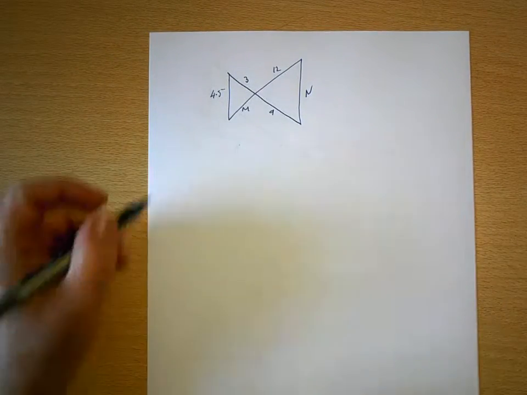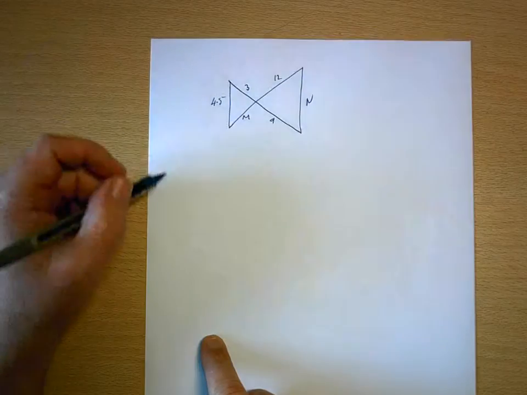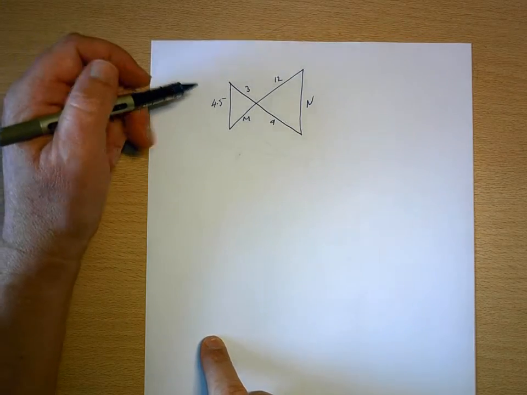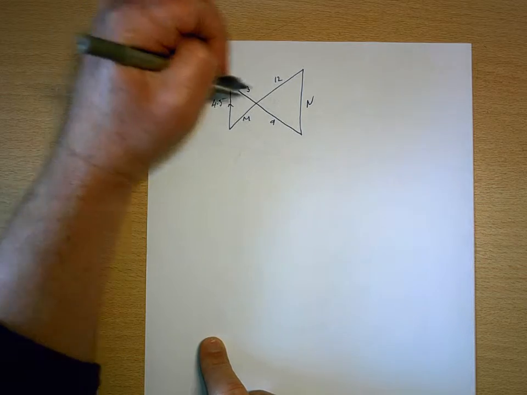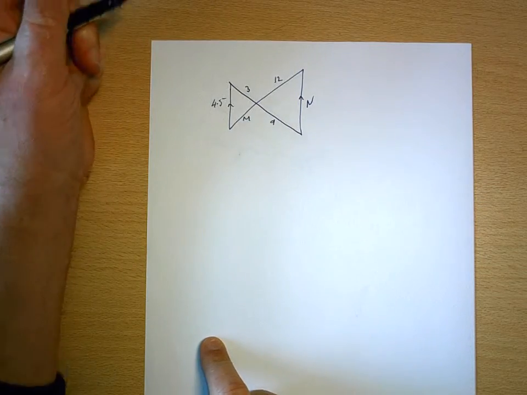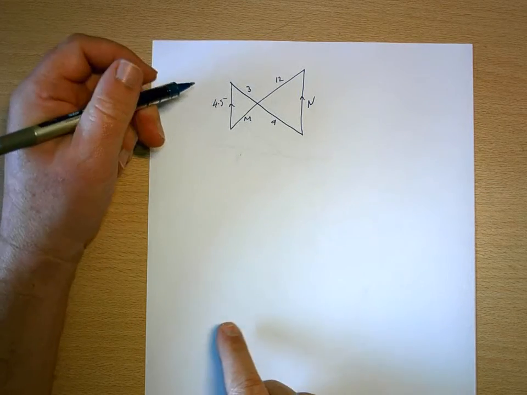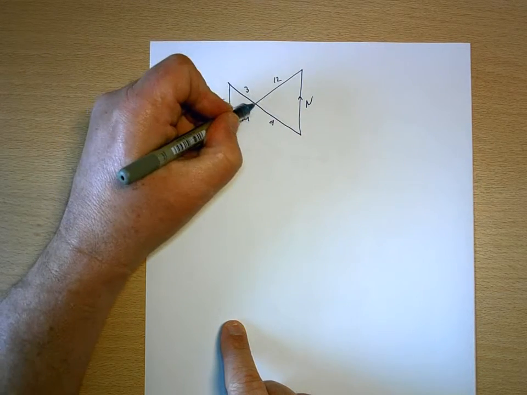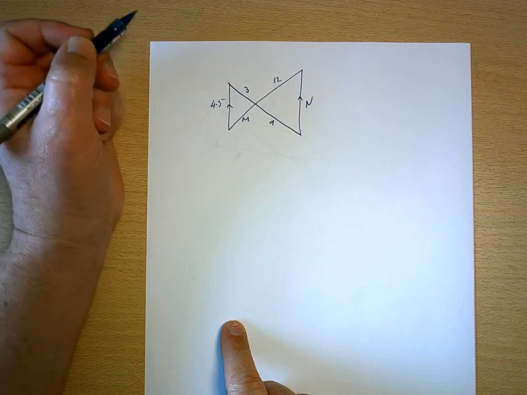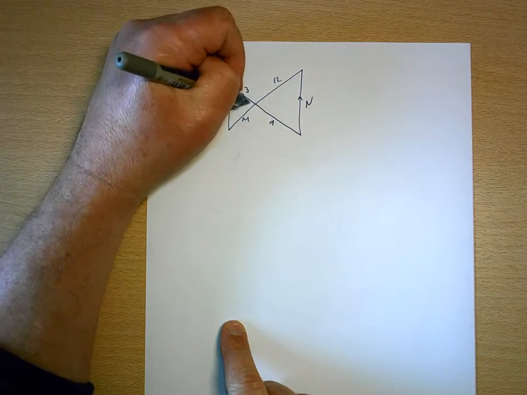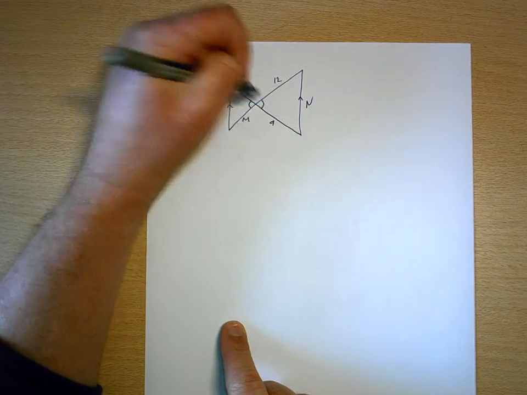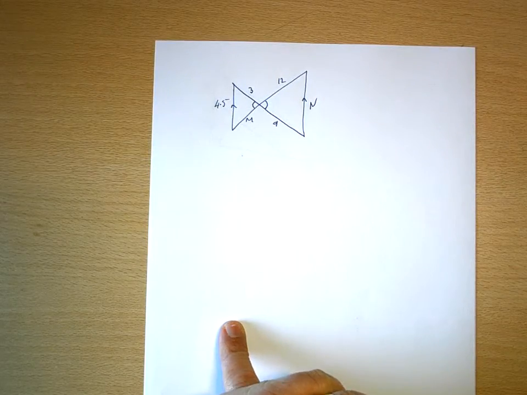So with this Dicky Bow idea, what you're going to be doing is using the properties of parallel lines to know which sides correspond. So here we've got two intersecting lines, so we know that the opposite angles are equal.